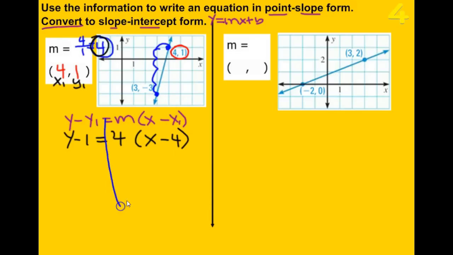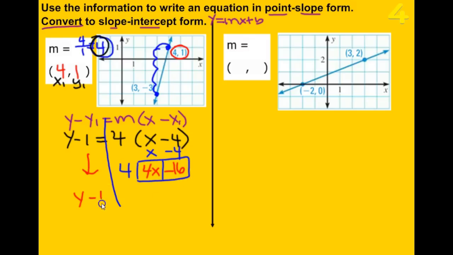So we need to solve this or get y by itself. First we have parentheses. We need to get rid of those, distribute 4 out front, and then x minus 4 on the top. 4 times x is 4x. 4 times -4, I know it's going to be a negative, 4 times 4 is 16. So I'm going to write what I have.